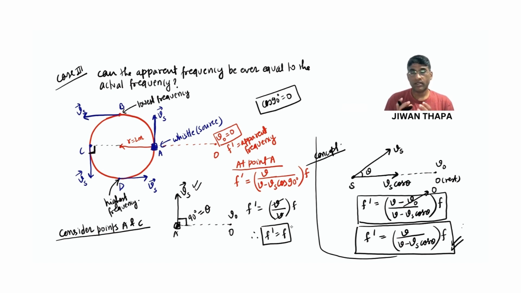So we find at point A and C. I'm writing the conclusion over here: at point A and C, apparent frequency equals actual frequency.